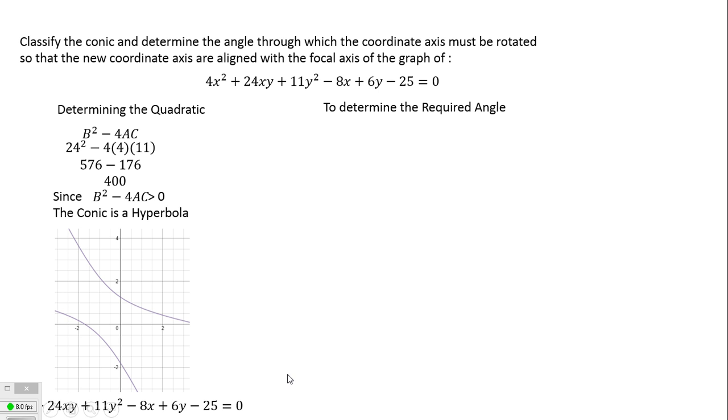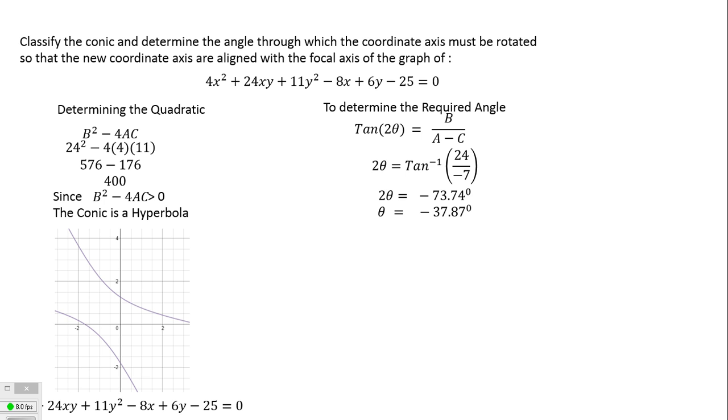Now, let's determine the required angle, okay? So we use the formula, tangent of 2 theta is b over a minus c. Putting in the terms, we get the tangent of 2 theta is equal to 24 over negative 7, which therefore means we're going to use the inverse tangent to find the angle.